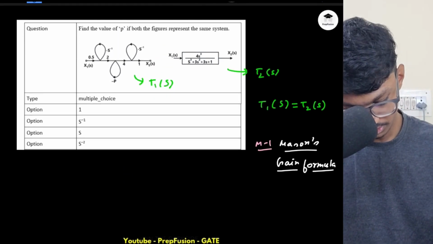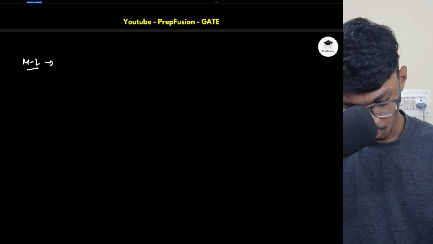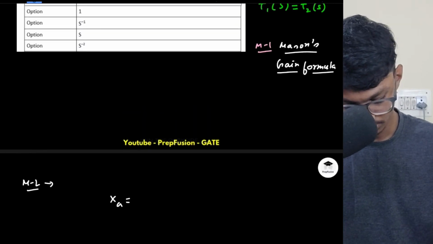We'll assume this node to be A, this node to be B, this node to be C. What are the incoming values to node A?